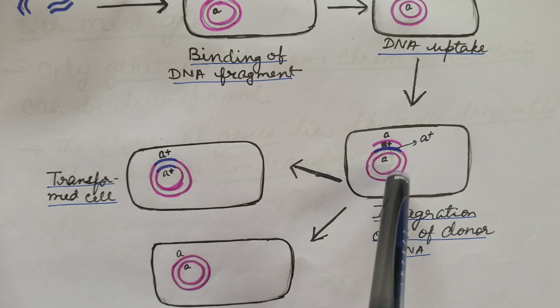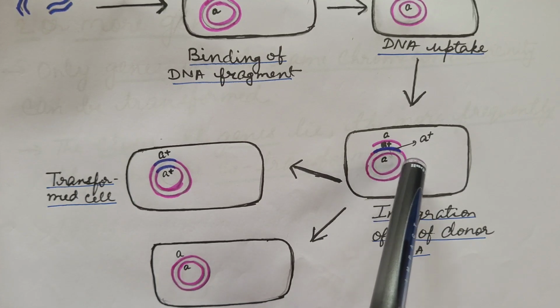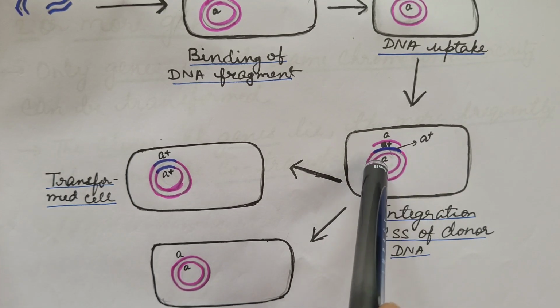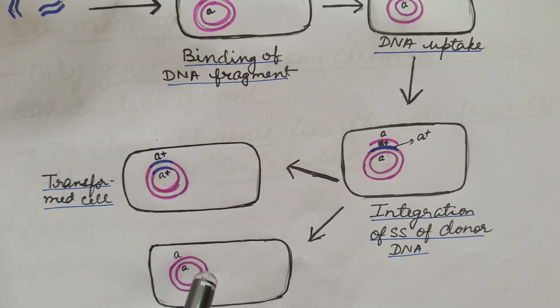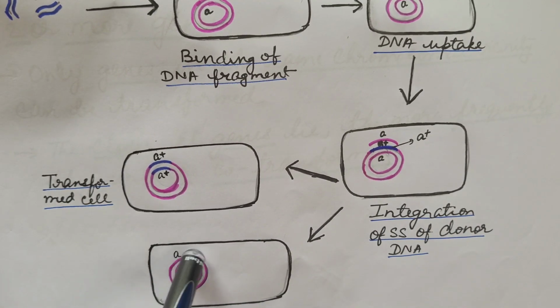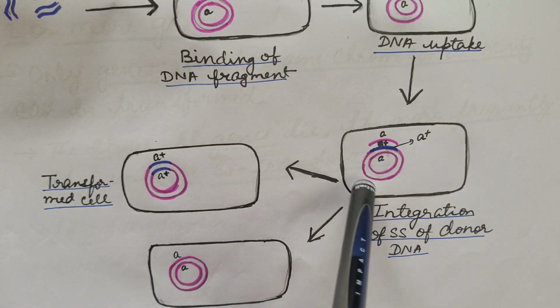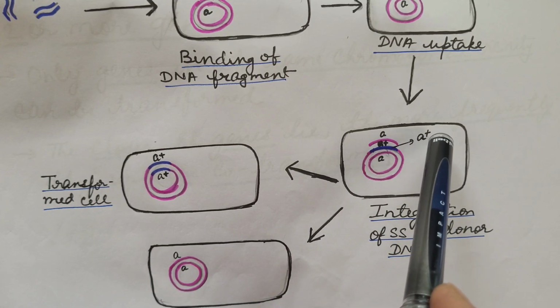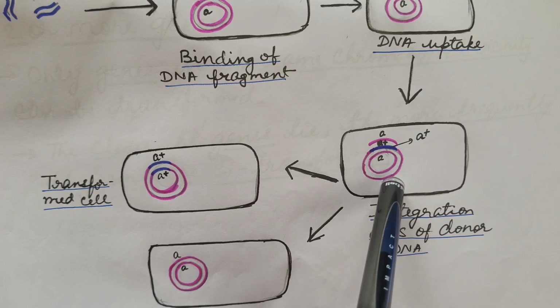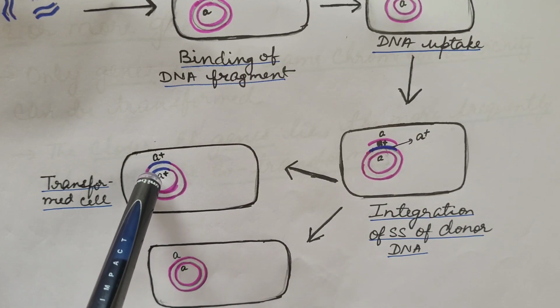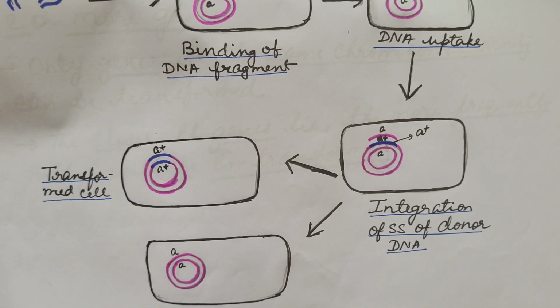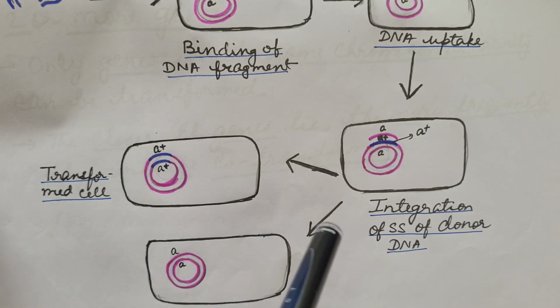Now replication of the DNA takes place. The two strands separate. This strand serves as the template for the synthesis of the new strand which has allele A. And this strand which has the A plus allele serves as the template. A new strand is synthesized which also has allele A plus. Then the division of the bacteria takes place.